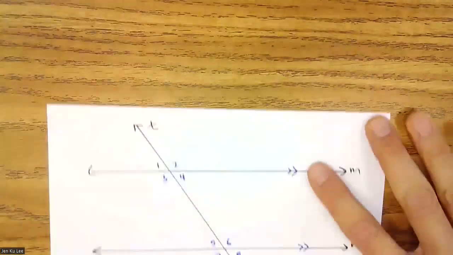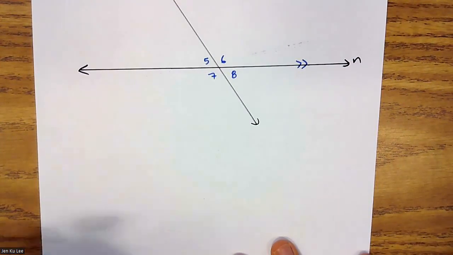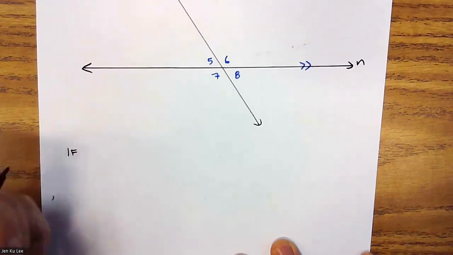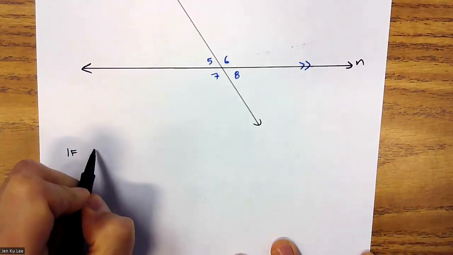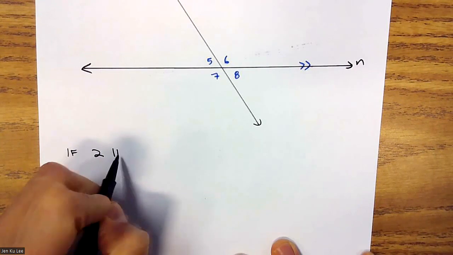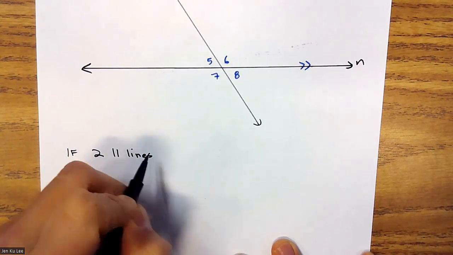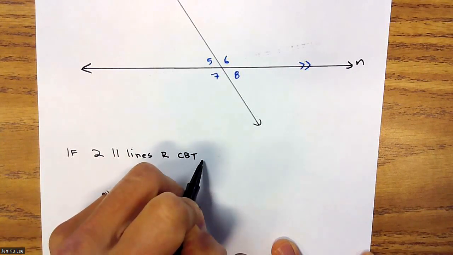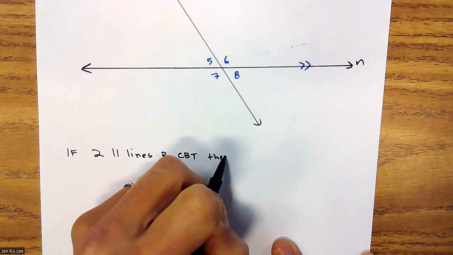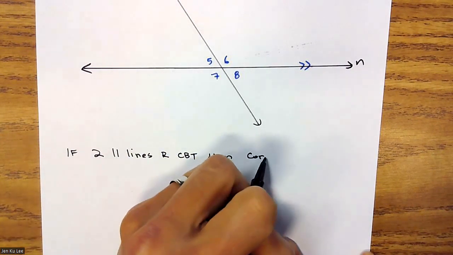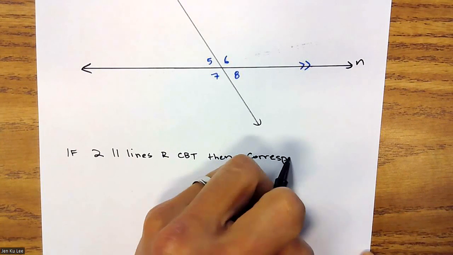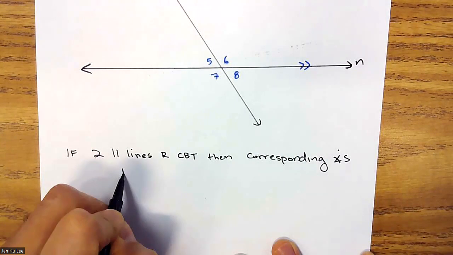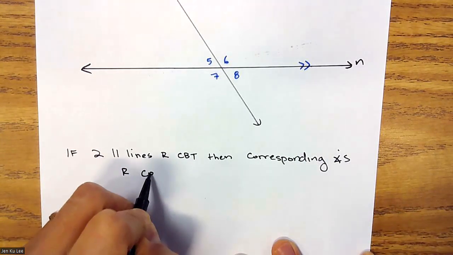So if two parallel lines are cut by a transversal, then, this is your first rule. It's called a theorem, but I just like to call it rules. If two parallel lines are CBT, cut by transversal, then corresponding angles are congruent.